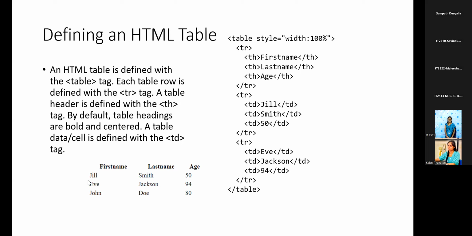Now let's say we are asked to use this given table. The idea is you start with table and end with table, and then for each row we have to have tr. How many rows do we have? We have 1, 2, 3, 4 rows, so ideally we have to have 4 TRs.